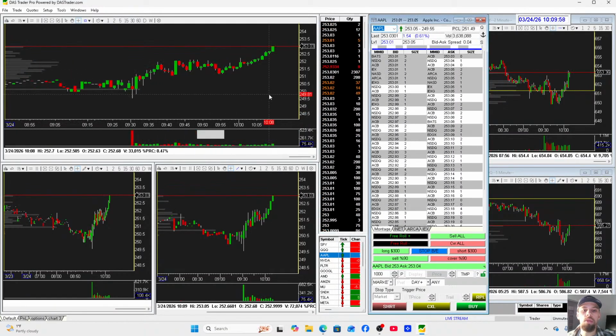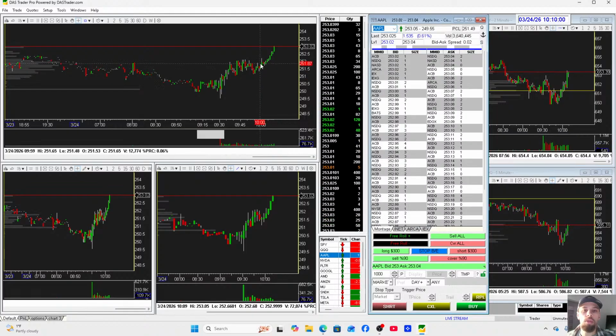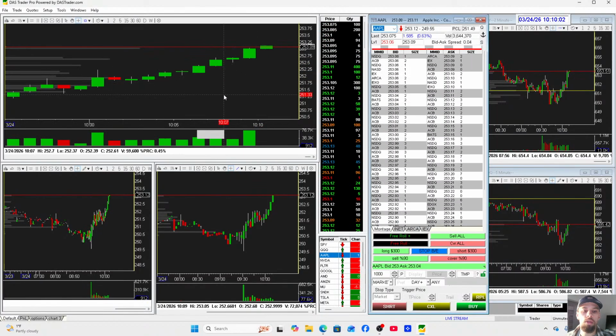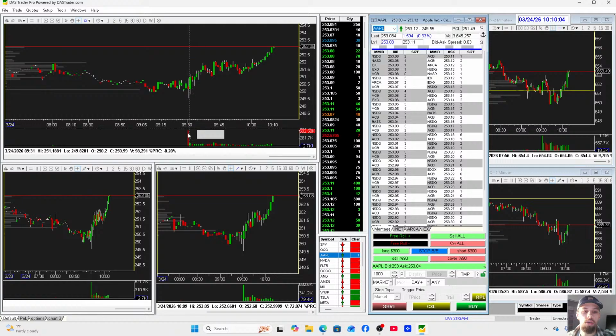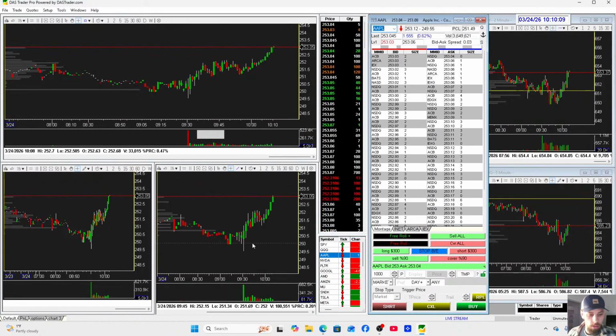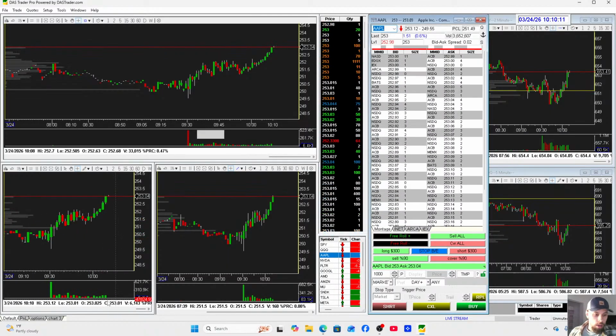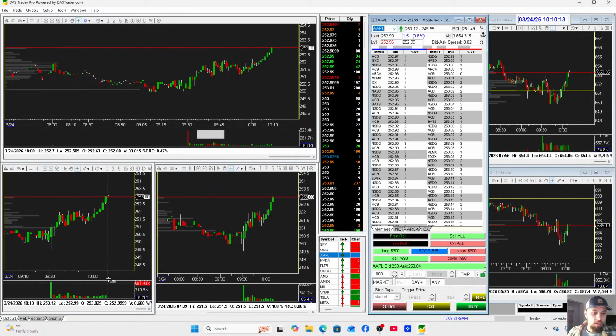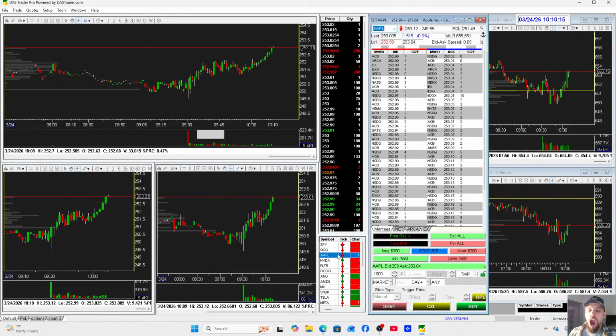Apple getting real bullish now. Look at that. It's just hard to read these volume candles with this big red one. Really shrinks these other guys down. See, volume's still very average on Apple as it's moving up.